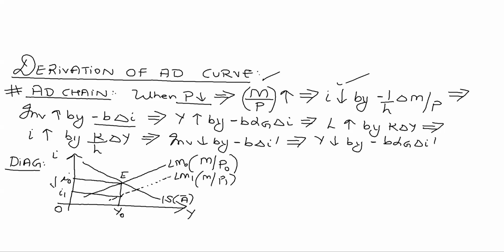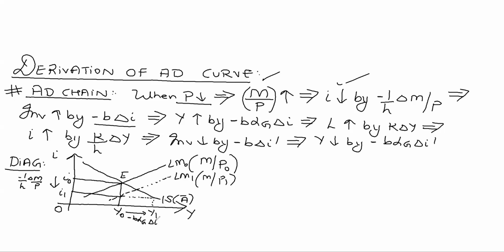The fall in interest rate is how much? Minus 1 upon H times change in M by P. When interest rates fall, investment increases, eventually output also increases. So we go from Y0 to Y1 by how much? Minus B alpha G change in I.